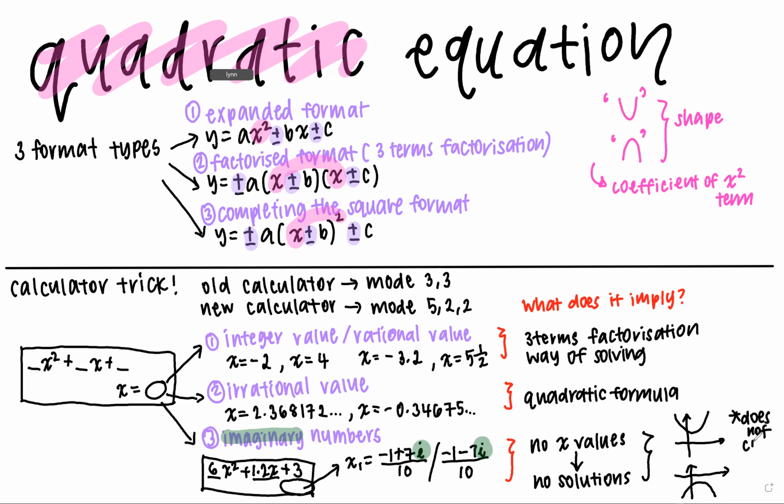Because if it does not cut the x-axis, there will not be any solution. This is something very important you need to know for E-math and A-math, especially A-math. In A-math, we'll go more in-depth in all this. So for now, we'll just do a brief one like E-math. Then A-math in December, I'll teach you more in-depth.